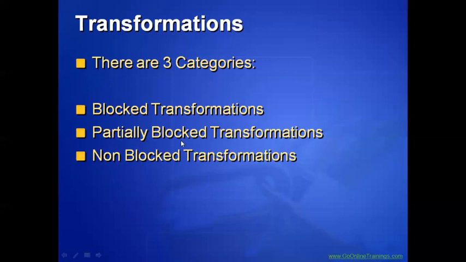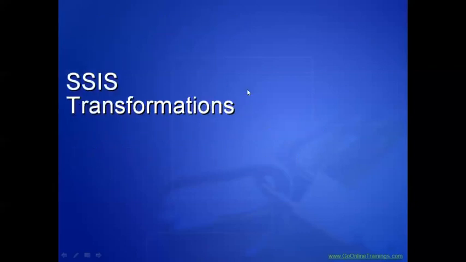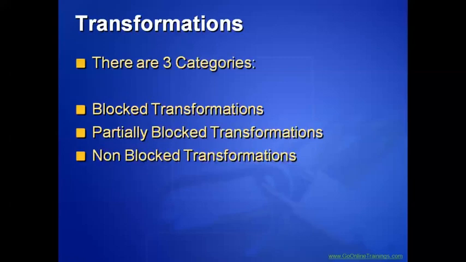Today's interview questions: what is the control flow and what is the data flow; what is a CSV file, what is a raw file, what is a flat file, and what is a ragged flat file; and what is a SQL Server destination and an OLEDB destination. The next question will be blocked versus non-blocked transformation. Tomorrow we'll discuss this concept in detail.